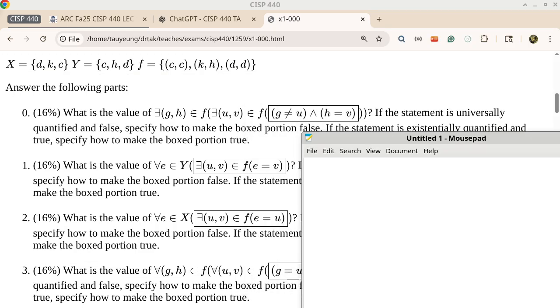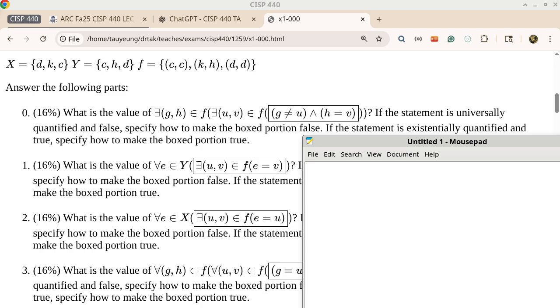So for this particular question, part zero is, this is not part of what you need to do, okay? But just for explanation purposes, I'm going to explain this. Okay, so the statement is true only if F is injective, okay?